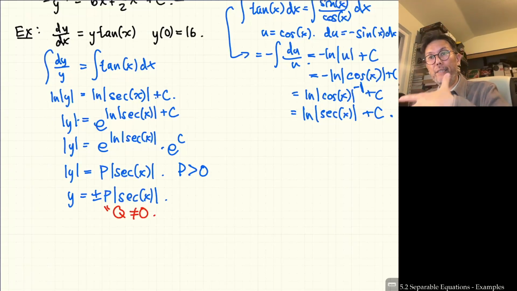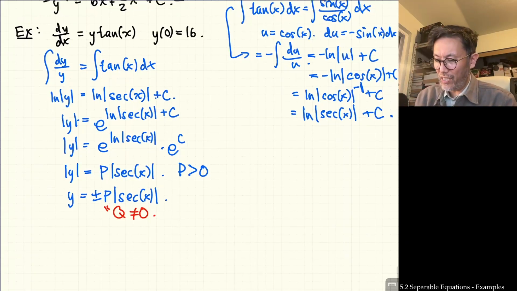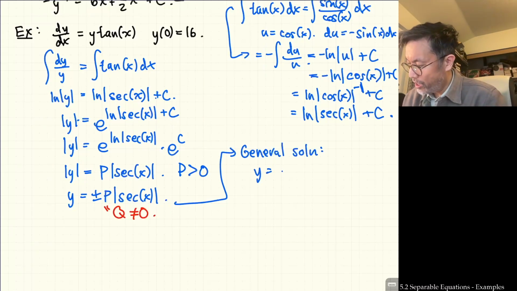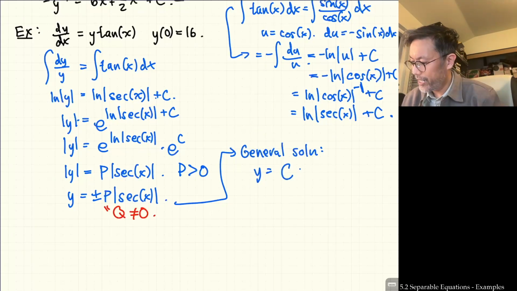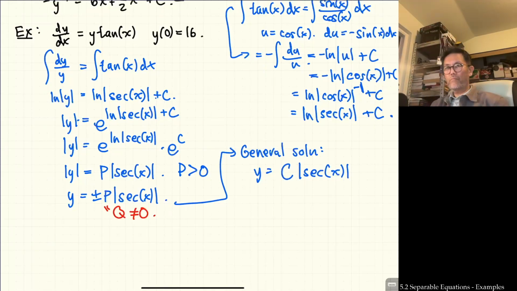So if y is non-zero, this whole calculation holds, but if it so happens that this constant, which we're calling q, is 0, we again get a solution. In other words, in the end, what we get is the following general solution, which is not the solution to the problem because I'm not done yet. We get y equals q times, let me not call it q, let me just call it c. q is the non-zero thing, c is an arbitrary constant, times the absolute value of secant of x. Okay?